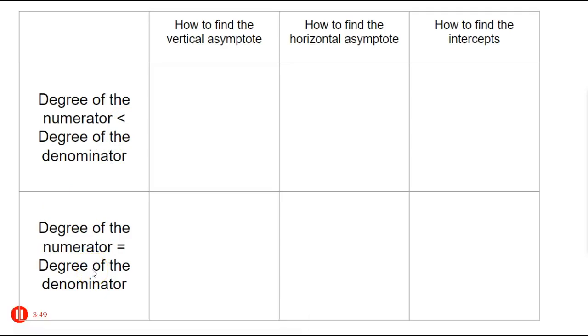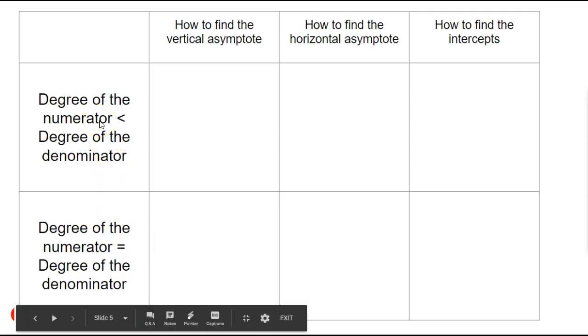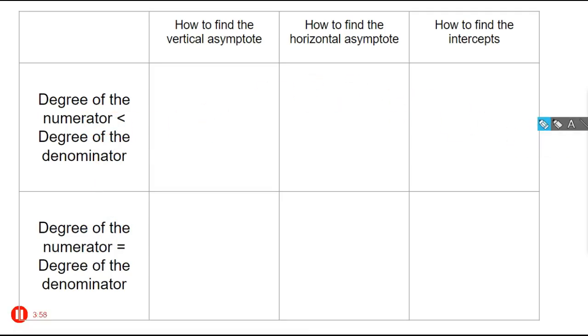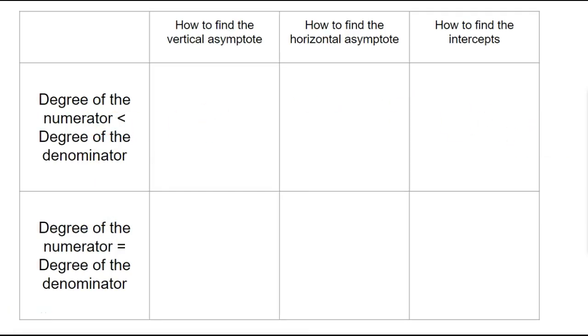So if I look through at least the 6 that were given to us, not the ones that I made up, and look at which numbers were the ones that had the degree of the numerator less than the degree of the denominator, that would have been number 2, number 3, and number 5.